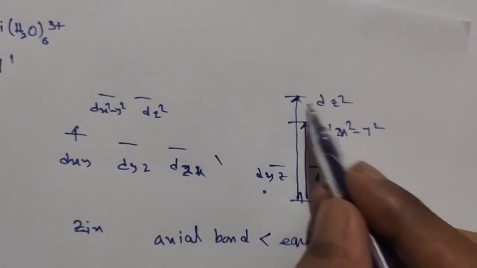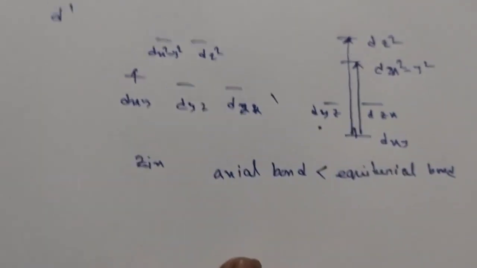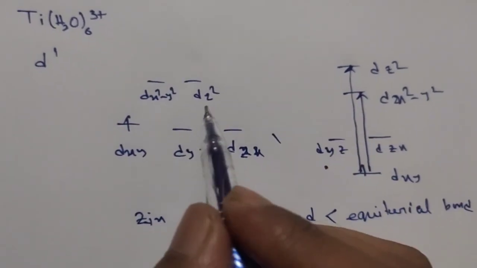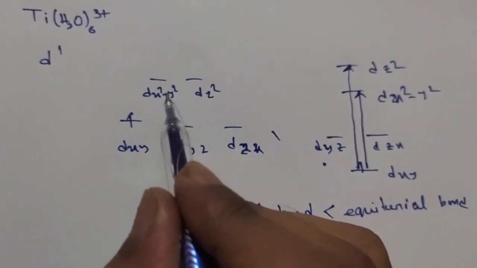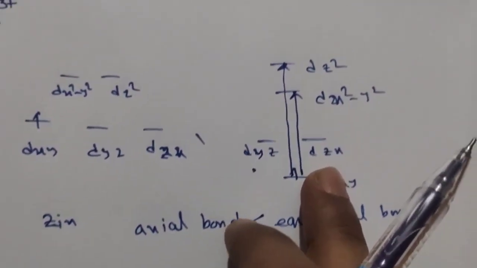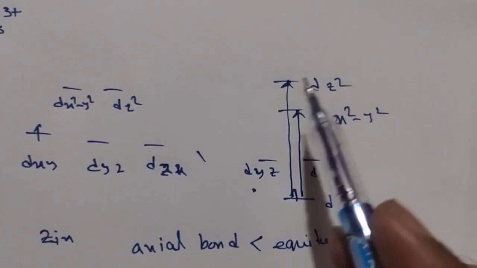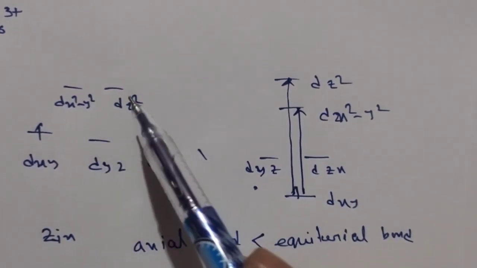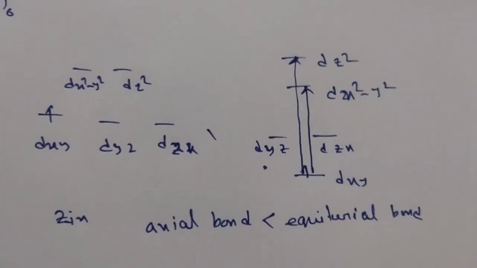Otherwise, in the ideal scenario we would get only one peak, but due to the split of these levels, the energy levels of xy and x square minus y square and z square will give two signals.